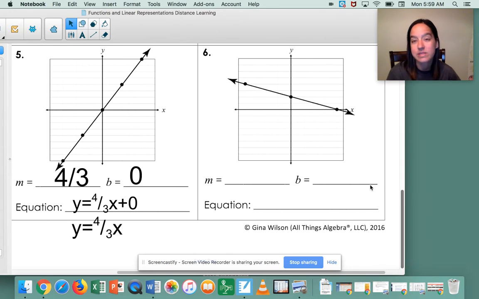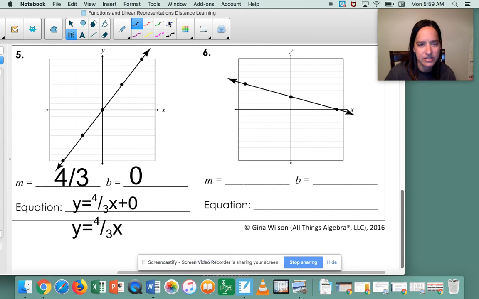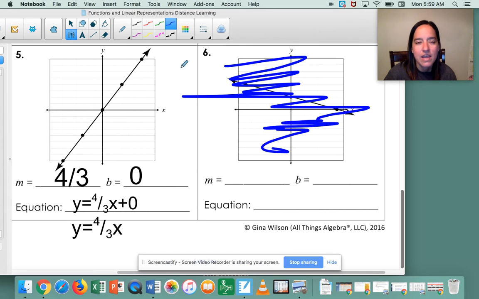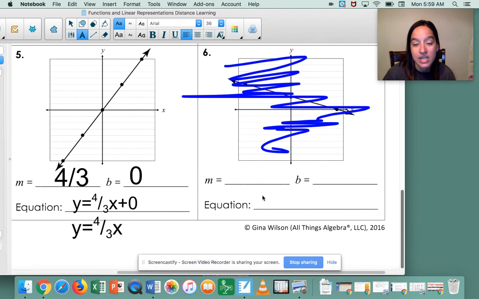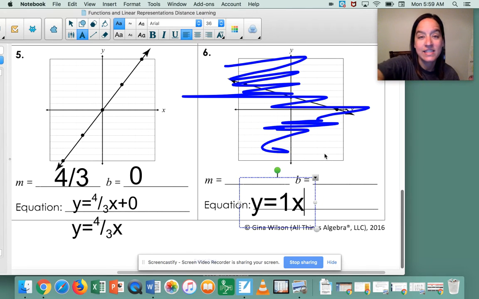You should simplify it. Just the same, I'm going to show you something here. I'm going to scratch this graph off, so pretend it doesn't exist here. Okay. If I had a graph and I got an equation that was y equals 1x plus 8.